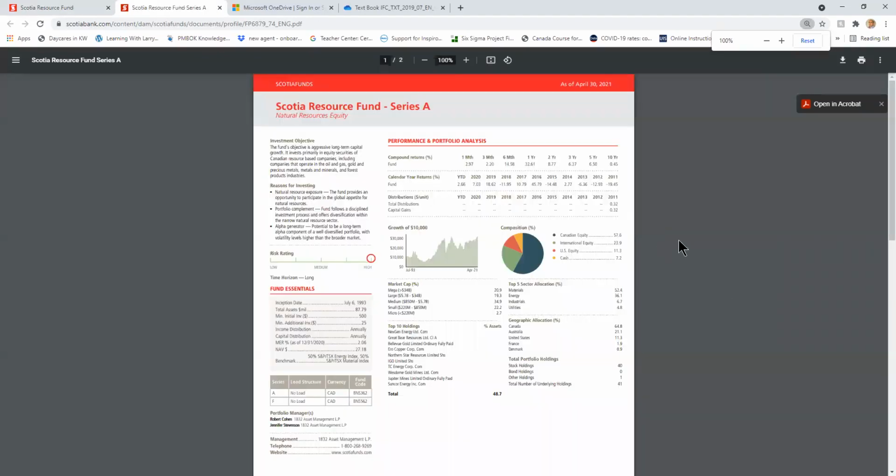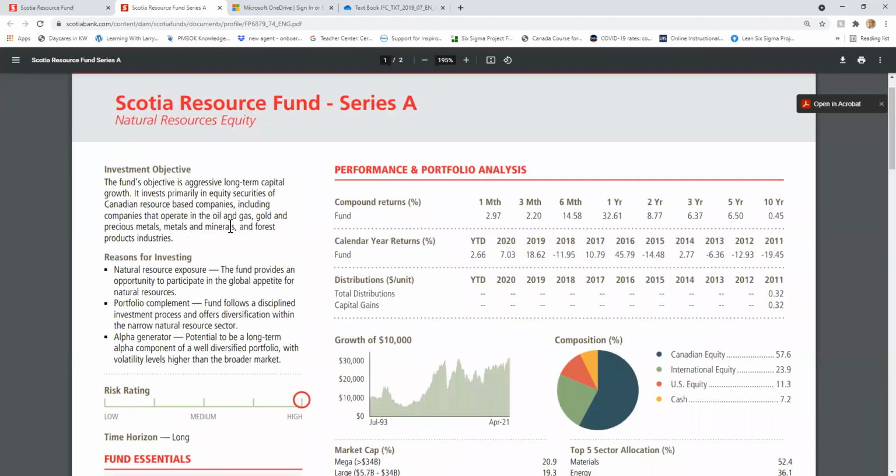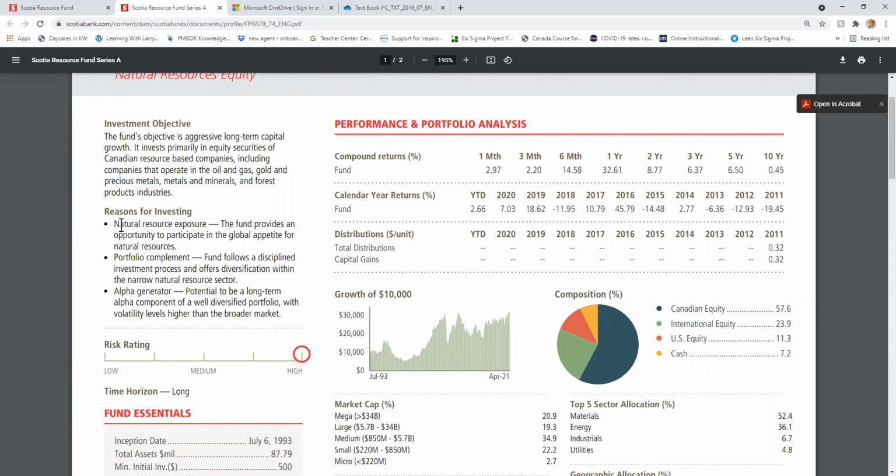So let's take a look at this one. This is the specialty fund example, natural resources equity. It is invested in companies in oil and gas, gold, precious metals, and forest companies. So it's a special niche type, right? Natural resource exposure.